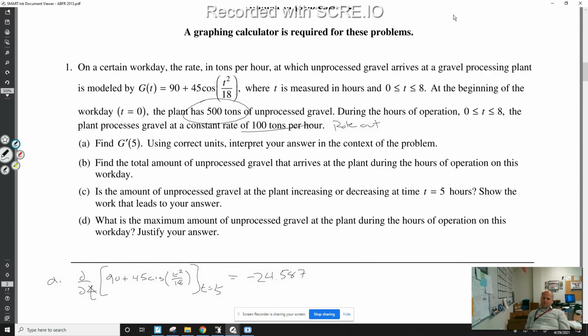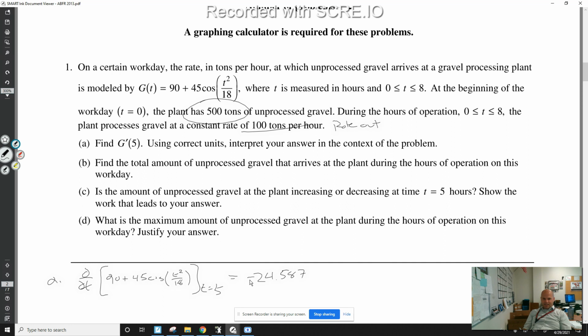What does that mean? Well, guys, this is where everybody loses a point. Everybody loses the point on the second part. They can get the value, no problem, but then they don't get the second part. Using correct units, interpret your answer. Okay, G is the rate in tons per hour at which unprocessed gravel arrives. G is a derivative. This, therefore, is a second derivative. This is a rate of a rate.